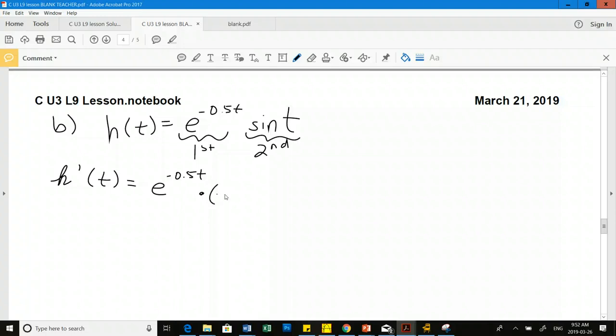So we need to multiply it by negative 0.5. Okay, that's the derivative of the exponent. Times the second, just as it is, plus the first, just as it is, times the derivative of the second, which is cos t.